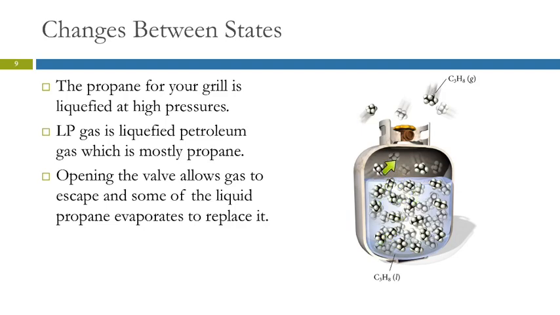Above the liquid, there will be some propane in the gas state. When you open the valve to light the grill, that releases this gas. The propane in the gas state will leave, and then some of this liquid will evaporate to replace what is left. So a change in pressure can cause a change in the state.